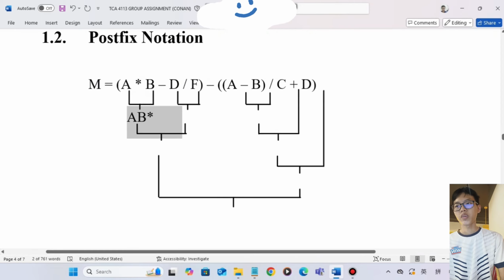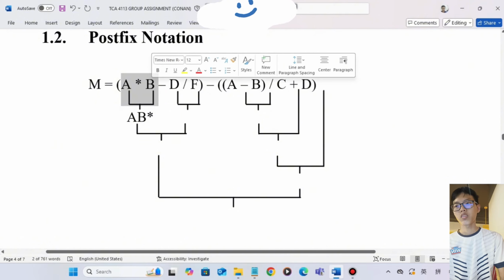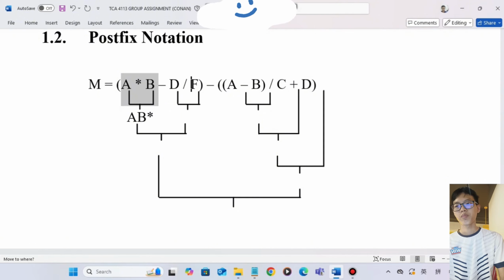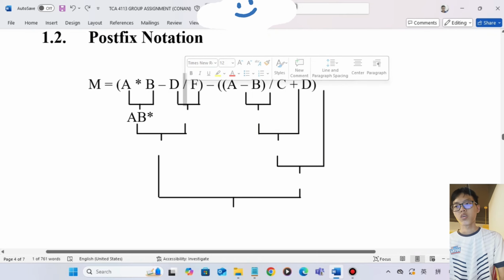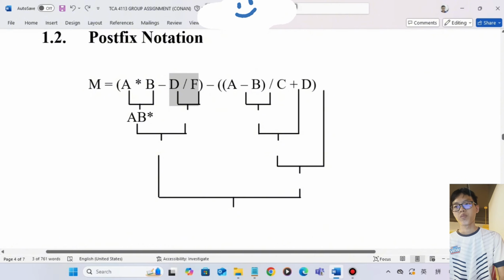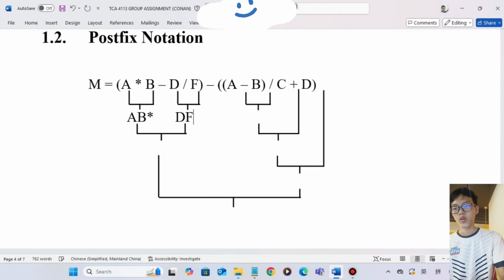After a multiply b is done, there is minus d divided by f. Because we got divide, we solve it first. D divided by f, same step: the operand in front, d, f, and the operator at the end. So the divide operator goes at the end.